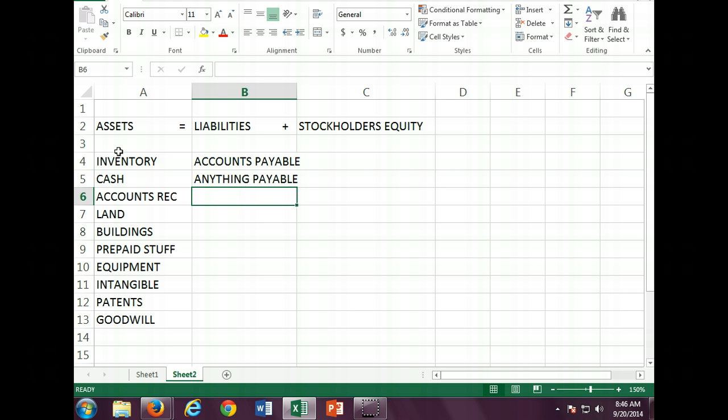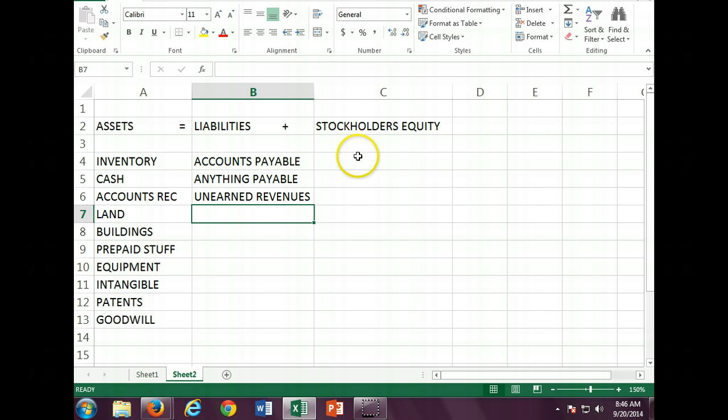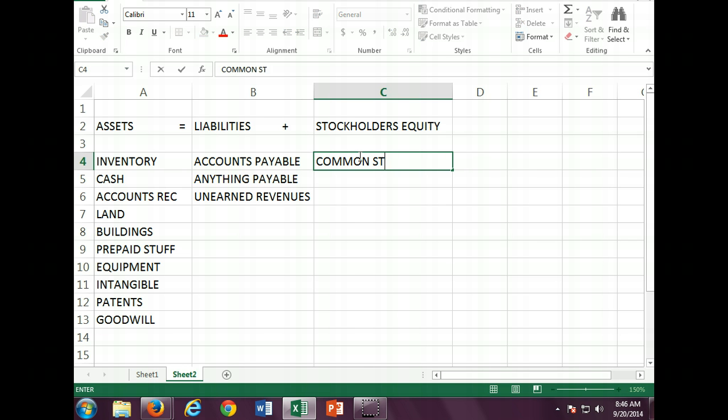So unearned revenues are a liability. Anything payable is a liability. Then we move on to stockholders' equity. Stockholders' equity consists of common stock and retained earnings.